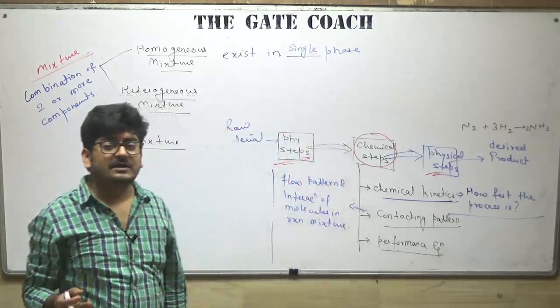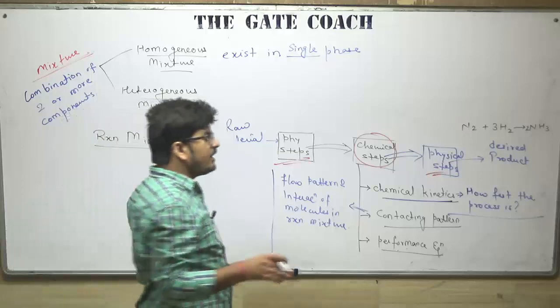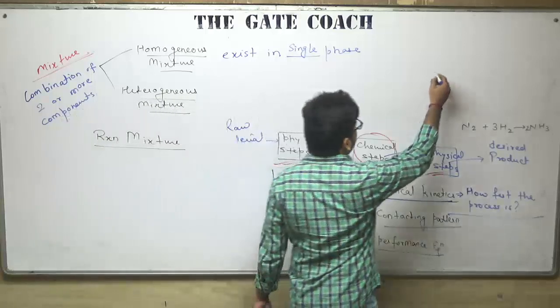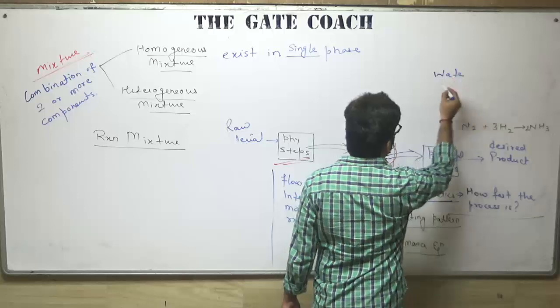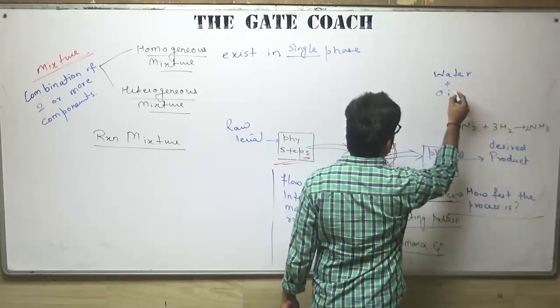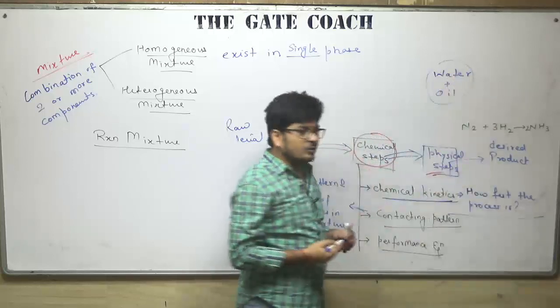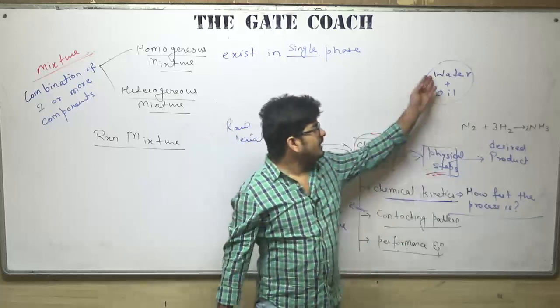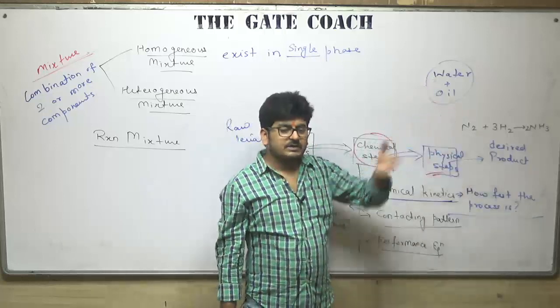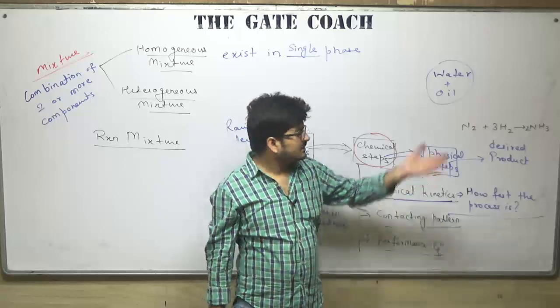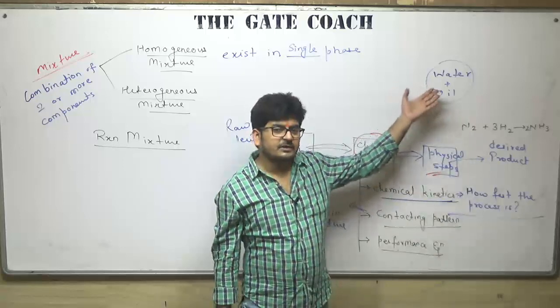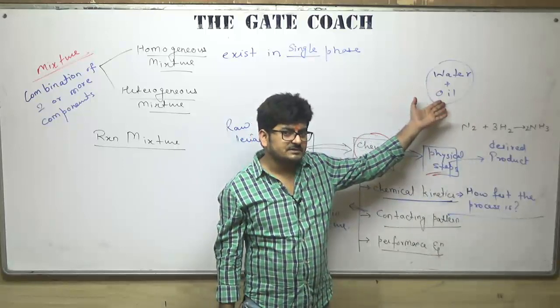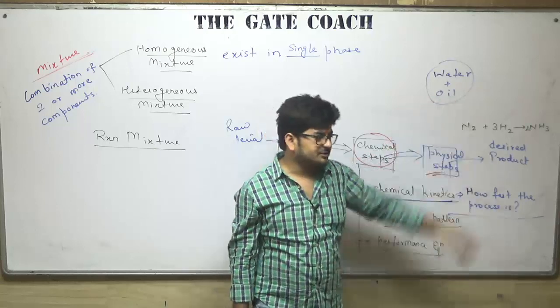We can't use the term same phase. For example, if I add water and oil, both are liquids, but all of us know that the mixture of water and oil will not be homogeneous. That will be a heterogeneous mixture.